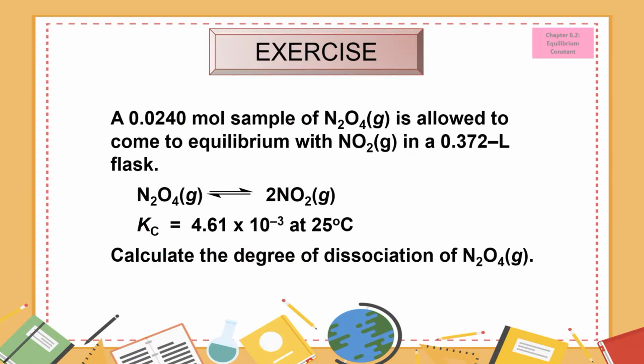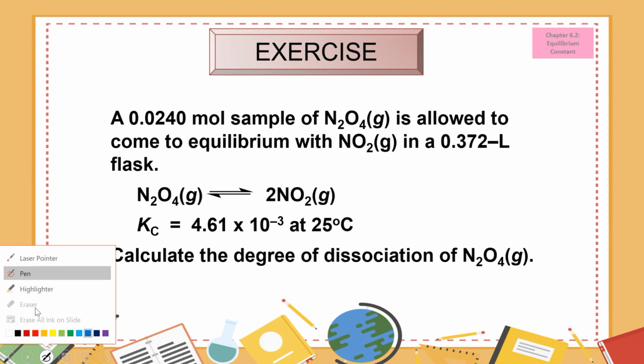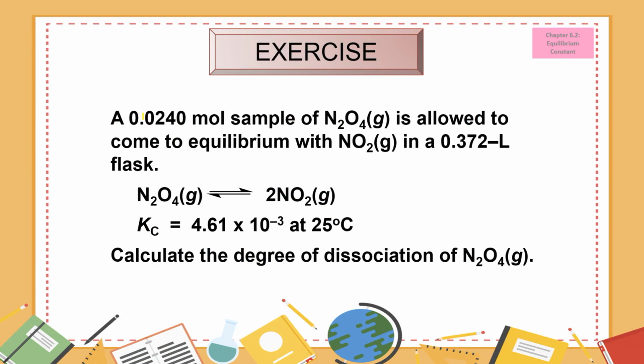Right, so we take a look at this example here. Given a 0.024 mole sample of N2O4 gas is allowed to come to equilibrium with NO2 gas in a 0.372 liter flask. The value of Kc is given, and the question asks you to find the degree of dissociation.